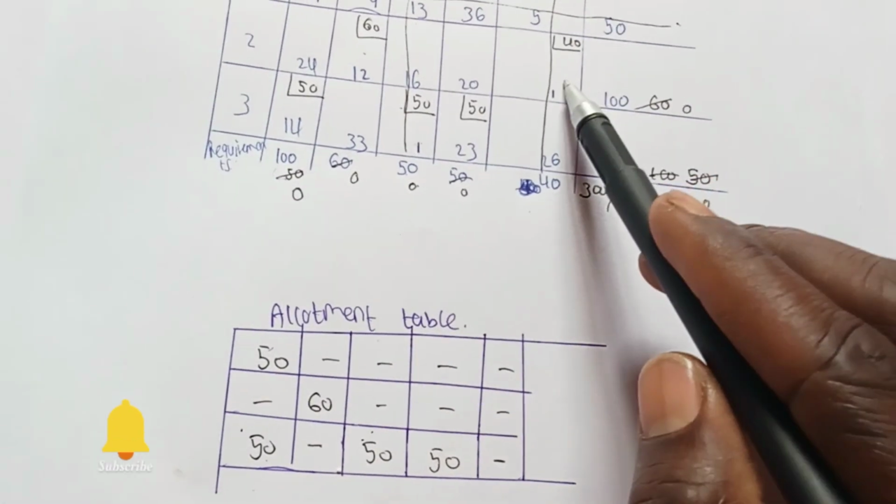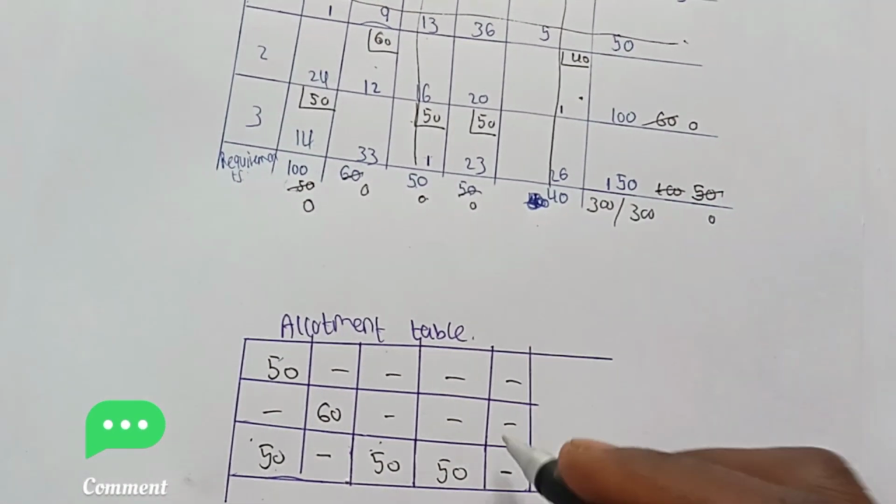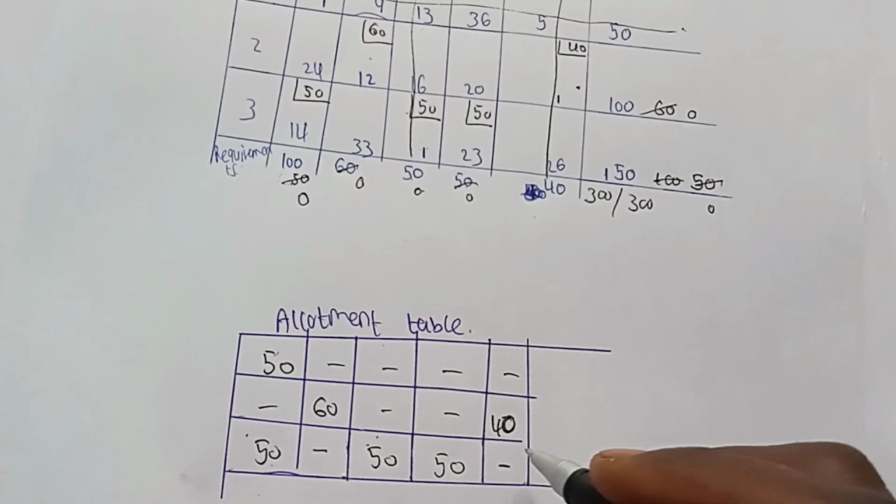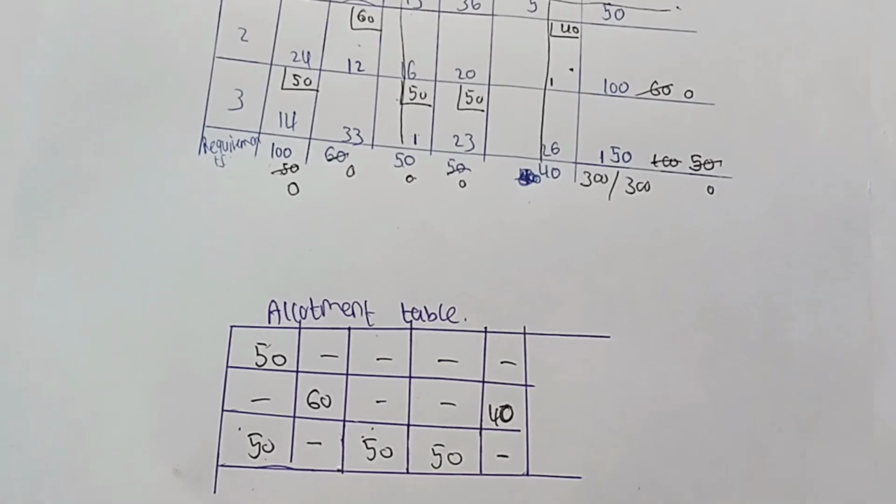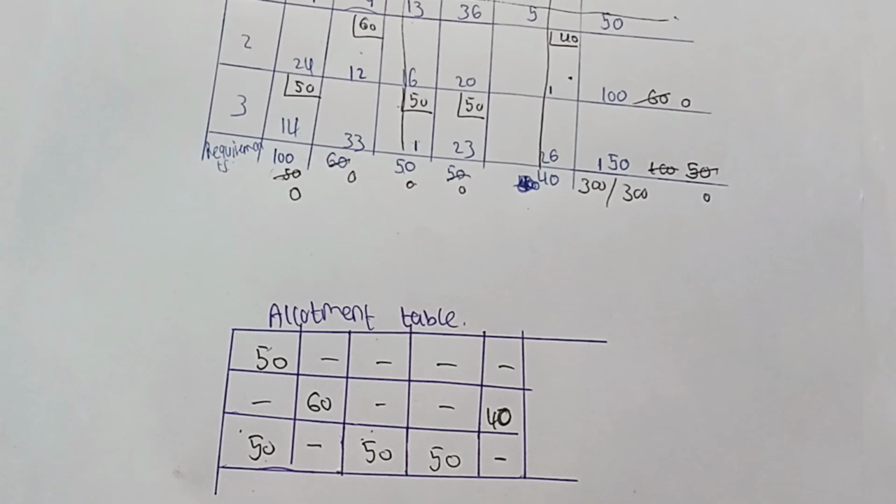Oh, we had also allocated 40 here, sorry for that. That is plus 40 multiplied by 1.